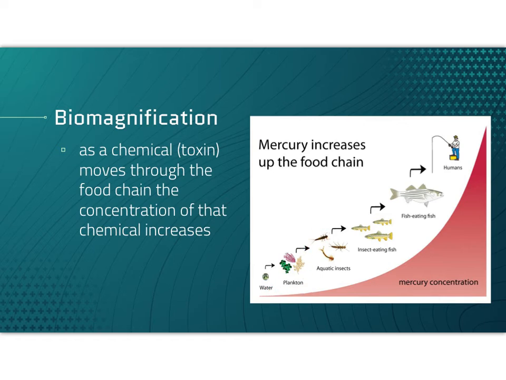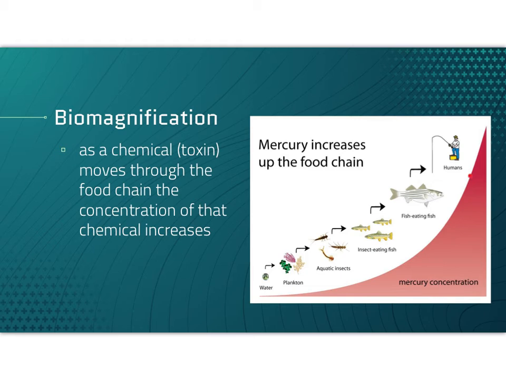Now, aquatic insects don't just eat one plankton, so they take on more mercury than one plankton had itself. So aquatic insects start to build up a little bit more mercury. This continues when insect-eating fish eat those insects. The insects had more mercury, you can see here, than the plankton did. And because insect-eating fish don't just eat one bug, they eat multiple, they take on more mercury. Fish-eating fish take on more mercury.